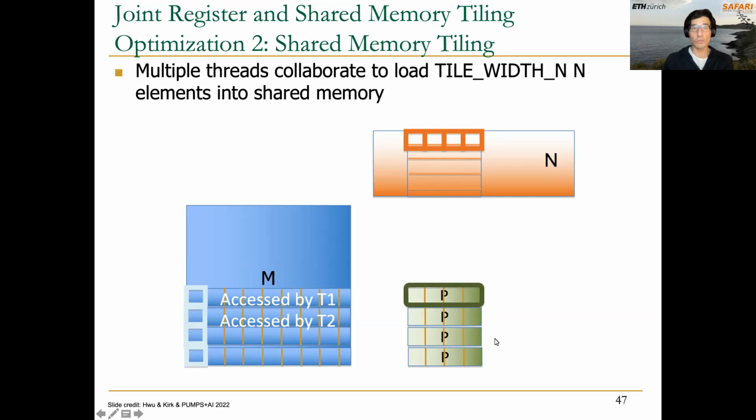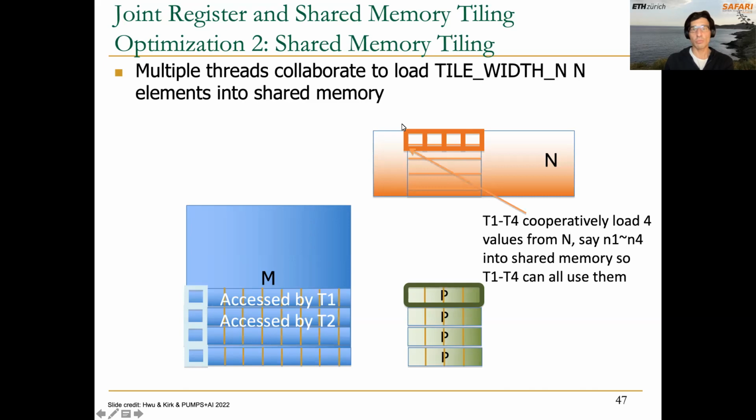And these multiple threads are going to collaborate to load this tile of size tile width N, of elements of N, into the shared memory. So T1 to T4 or T0 to T3, depending on how you want to index them, cooperatively load 4 values of N into the shared memory for later use.